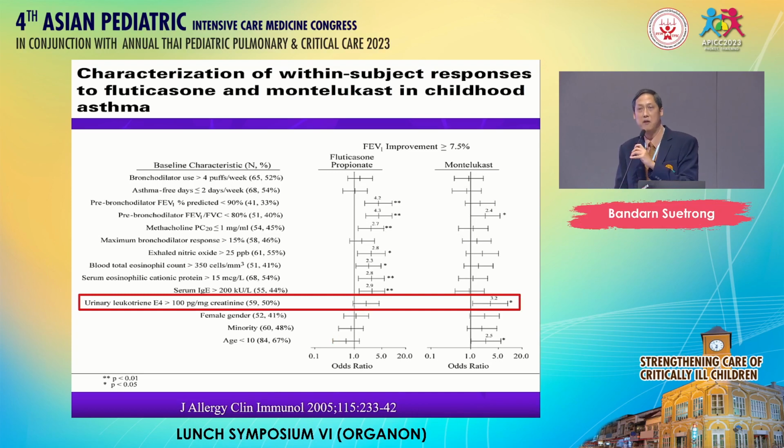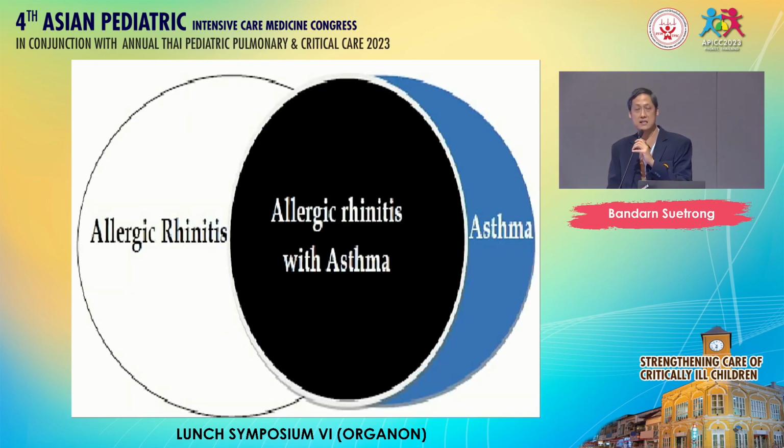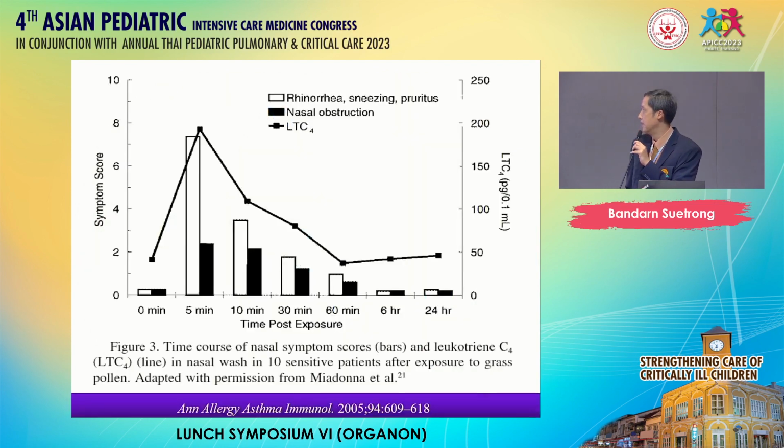So I will bring us to find the right patient who is supposed to have high inflammation from the leukotriene pathway. The first one is asthma with AR comorbidity.